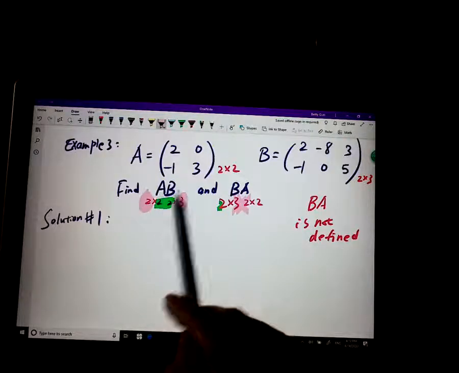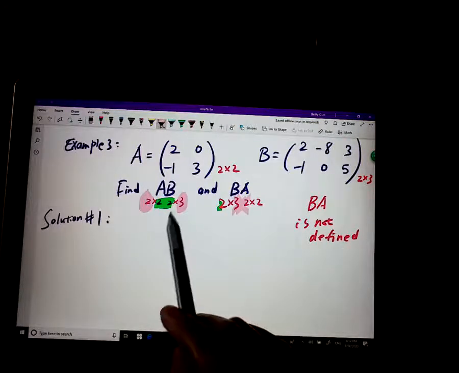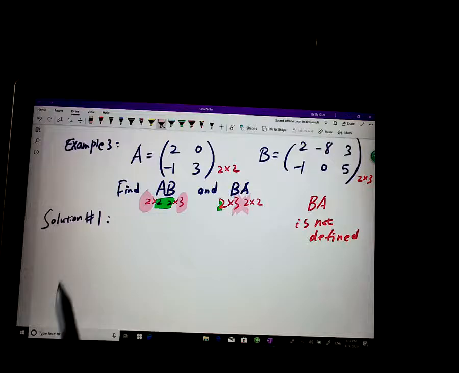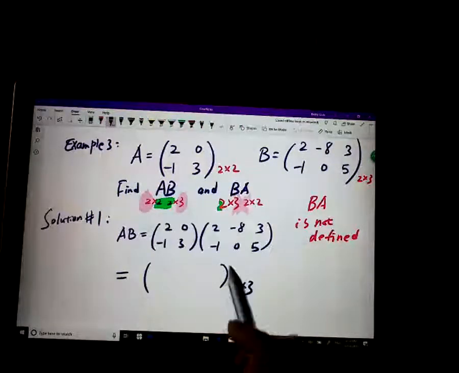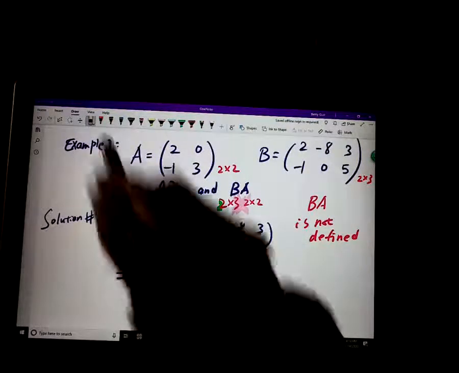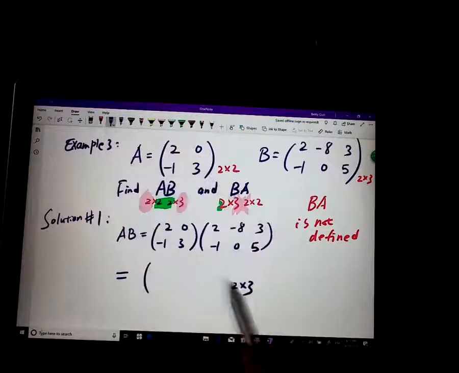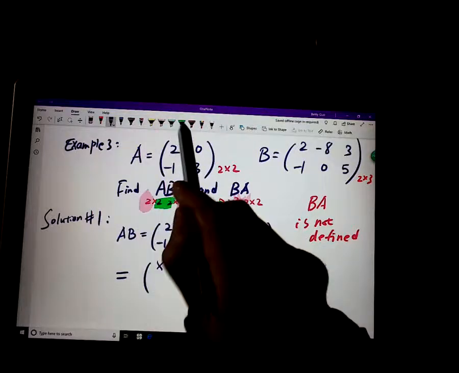For example, the product of two matrices is still a matrix. The size of the matrix is going to be 2 by 3. So you determine the size of the matrix first, then you have a clear mind: I'm looking for 6 entries, right? So how do we find this entry? Look at it here.